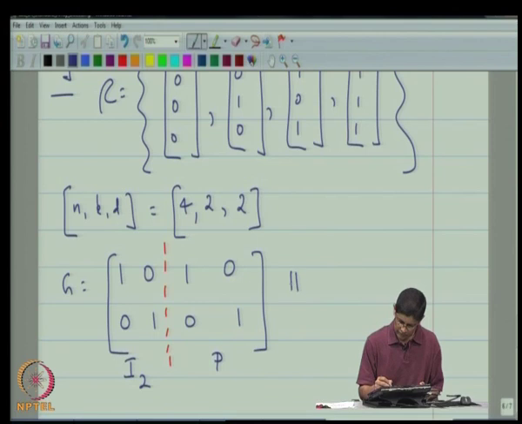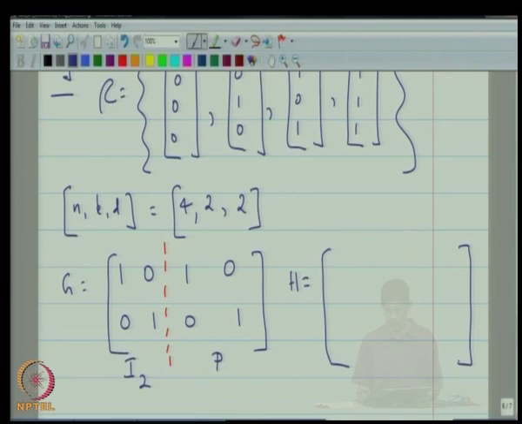And we have already outlined an algorithm to find the parity check matrix given the generator matrix in systematic form.